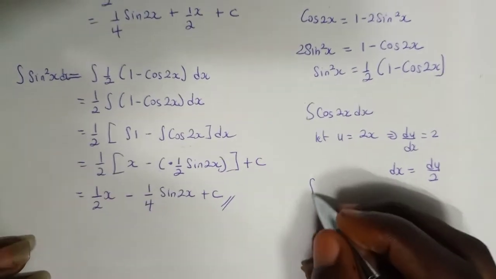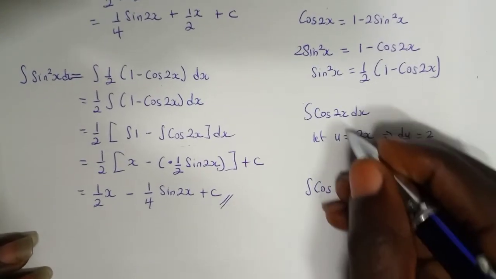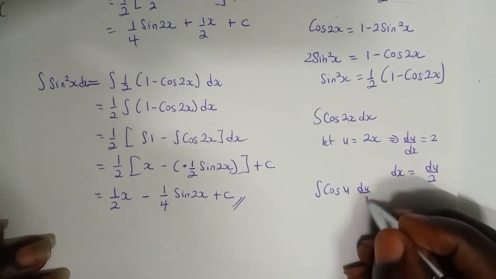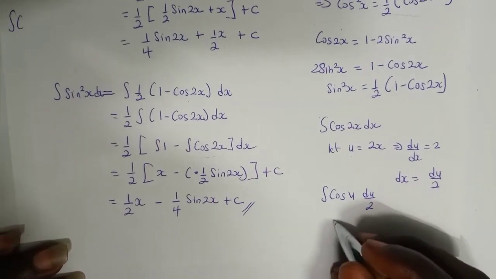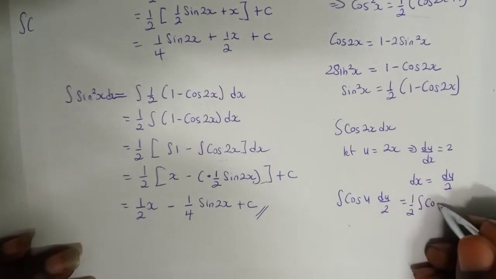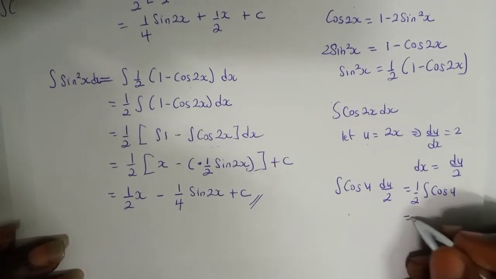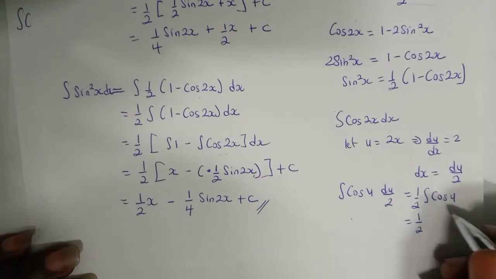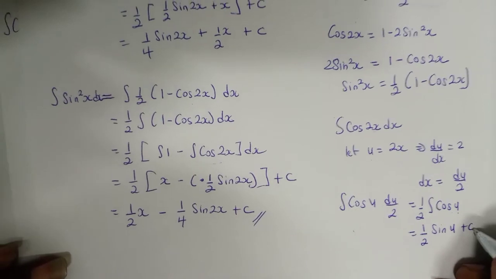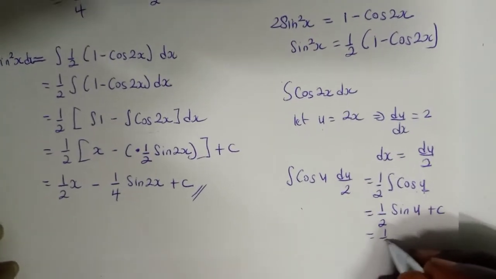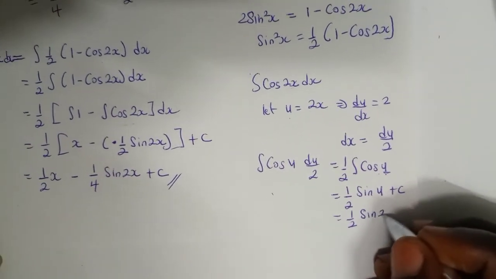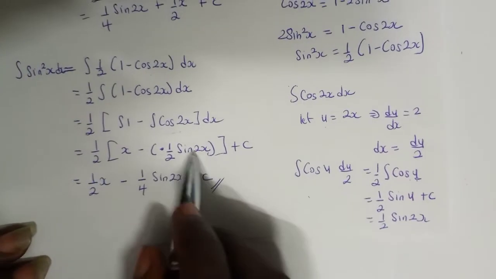So integral of cos, we represent 2x by u, du over 2 will be equal to 1 out of 2 integral of cos u. So our final answer is 1 out of 2 integral of cos u is sine u plus c. Our u here is 2x, which is sine 2x. So that's what we've gotten here.